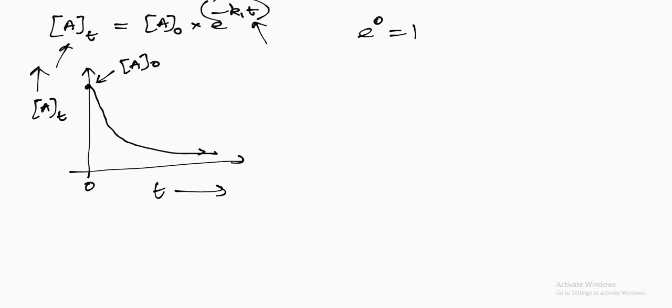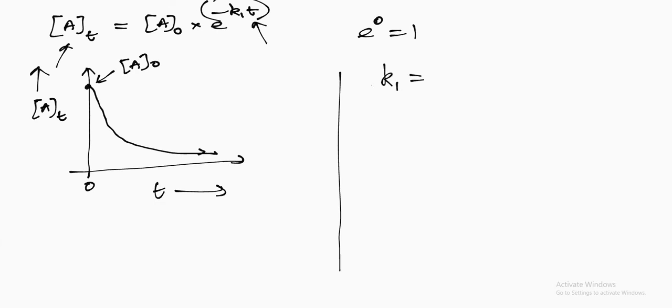So what to do? To find the rate constant, I will go for the logarithmic expression. Take down. Logarithmic expression, we know already that, this step we had already. Just go through it if you want.